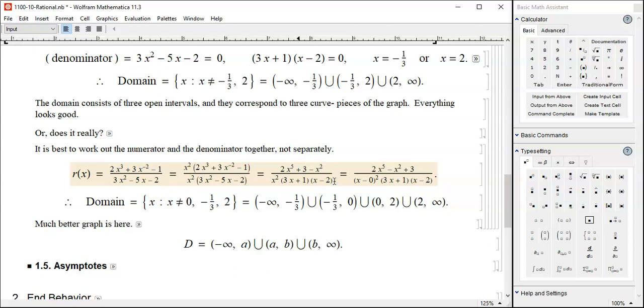X squared is already out, and what's left here is quadratic, so factor it out, and we get this factorization. So we get 3 factors, and you get 3 x-coordinate values that will make the denominator equal to 0. -1/3, +2, yes, but also x equal to 0. So those 3 numbers divide the number line into 4 pieces, so we have 4 intervals like this.